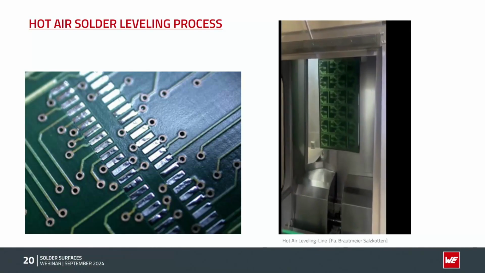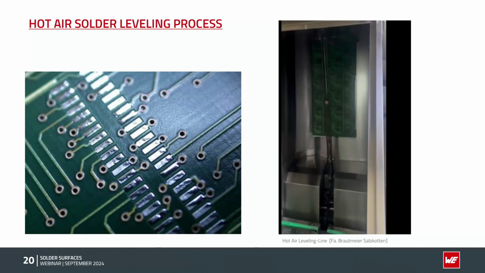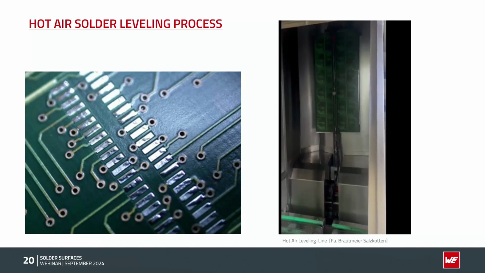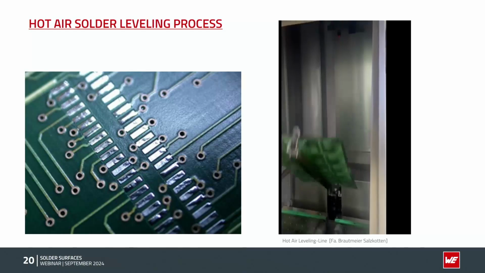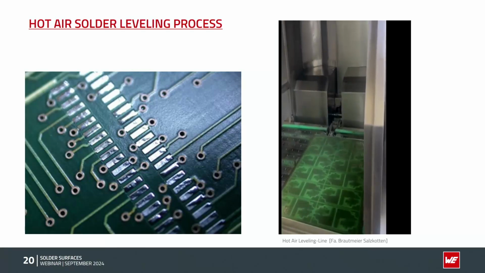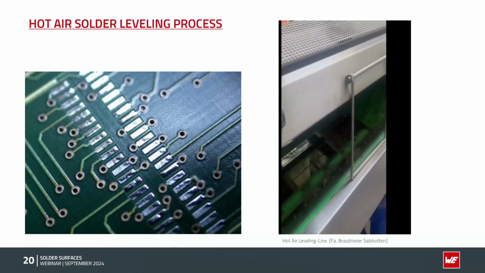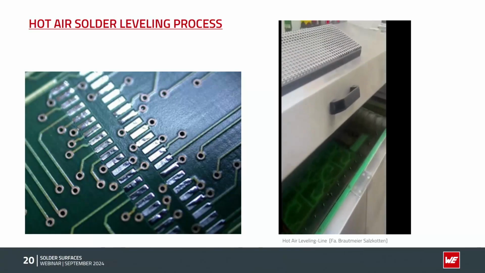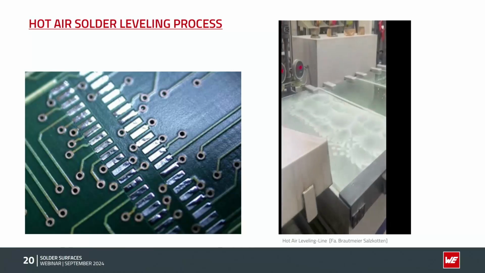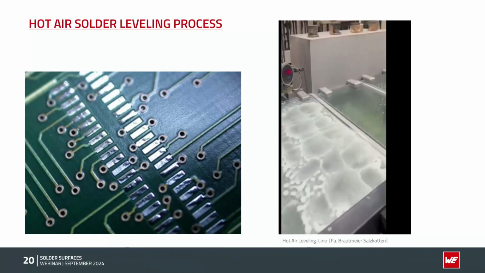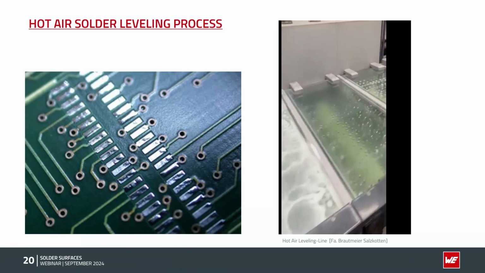Here it is, next panel directly from the hot solder, and the next thing is there is hot air, around about 400 degrees C, which blows away the tin which is not needed for the surface. So that's hot air solder leveling. The hot air is to remove the tin which is not needed. But this leads to high thermal stress and as well to the uneven surface, as we have seen.